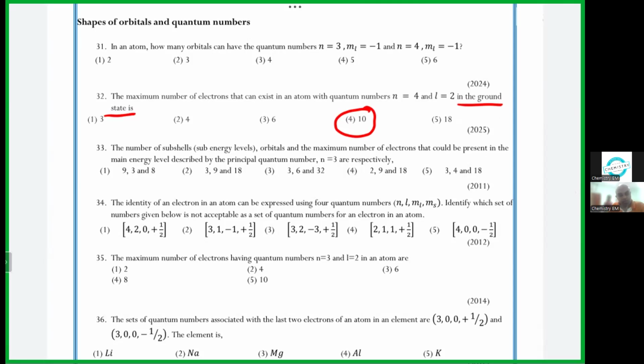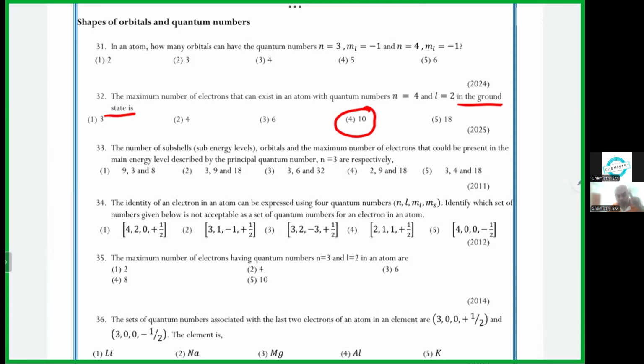Now let's take the first one. The first one is 4, 2, 0, and plus half. When n is 4, the l values are 0 to n minus 1, so l can be 0, 1, 2, and 3.